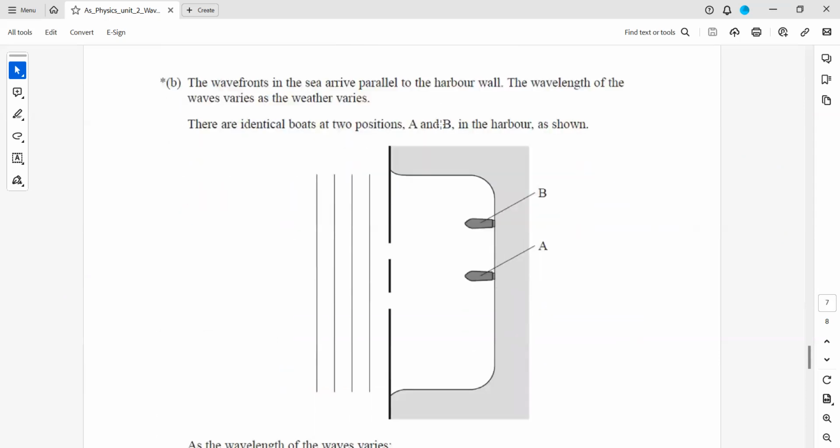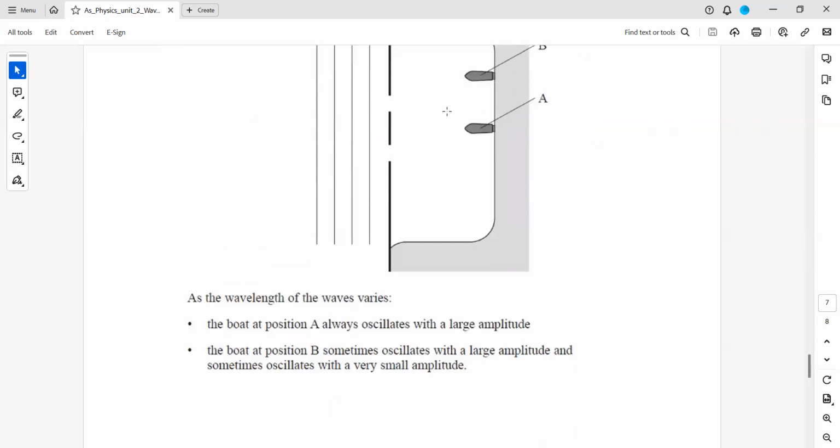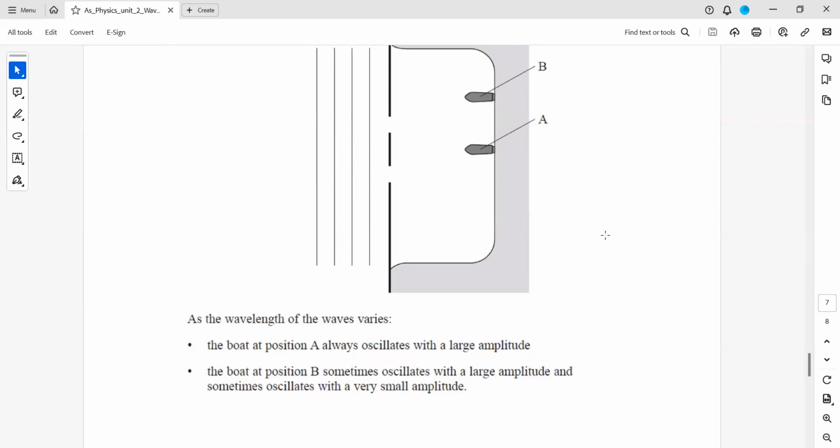The next part: the wavefronts in the sea arrive parallel to the harbor. The wavelength of the wave varies as the weather changes. There are identical boats at two positions A and B in the harbor. As the wavelength varies, boat A always oscillates with a large amplitude, and boat B sometimes oscillates with large amplitude, sometimes very small.